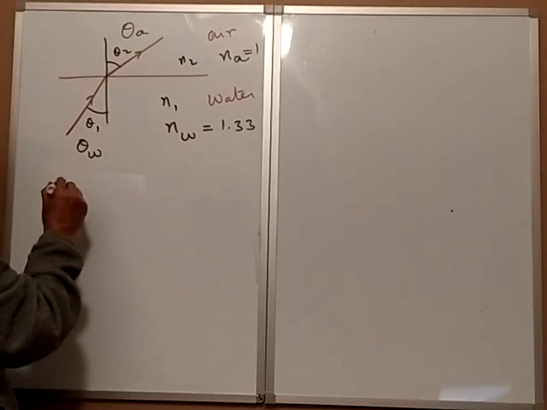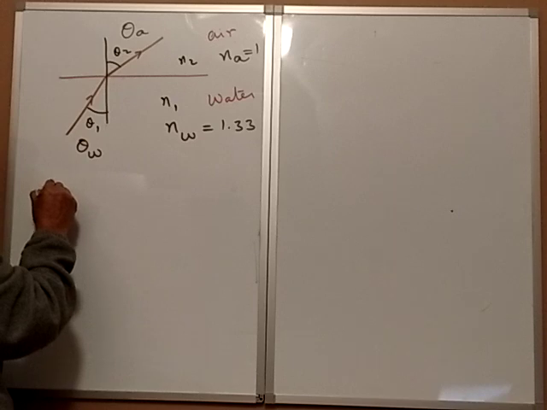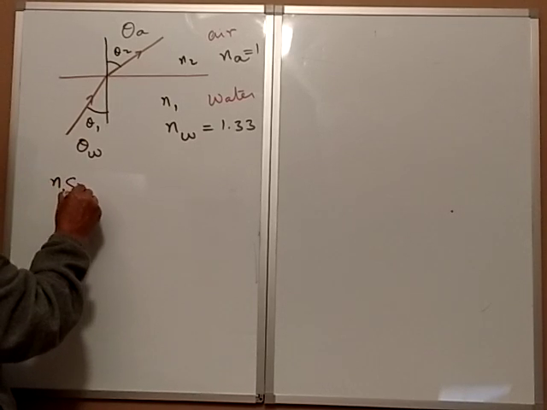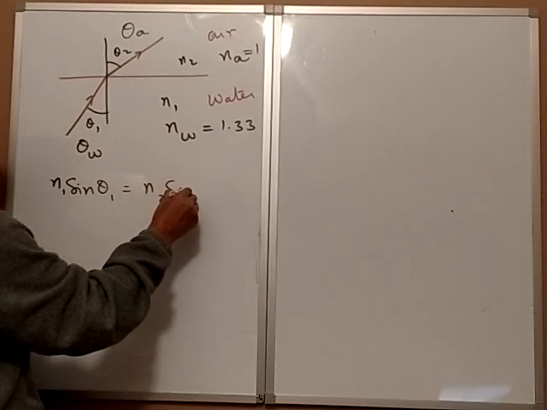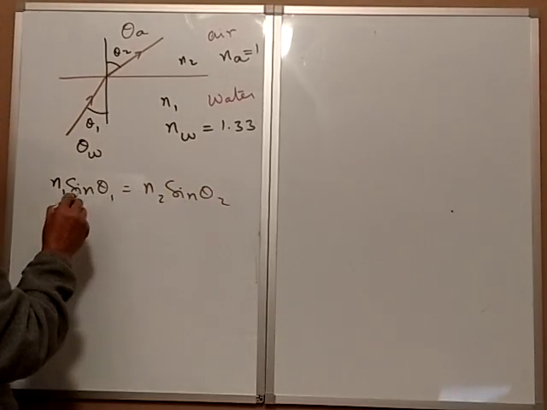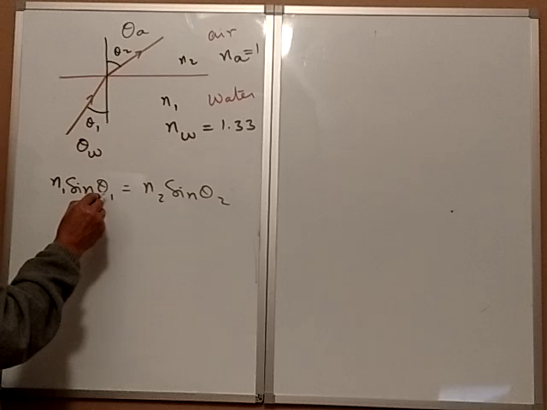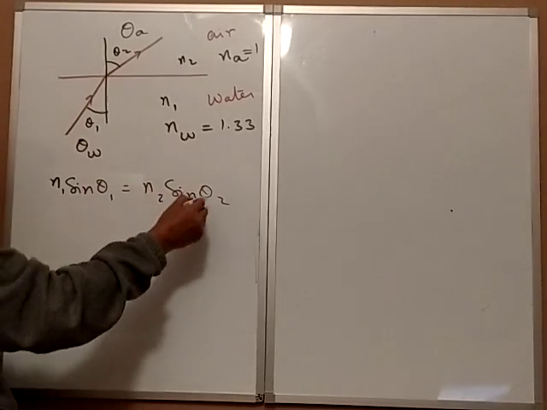So let's write down our Snell's law. What is that? N1 sine theta 1 is equal to N2 sine theta 2. That is the one coming from water. This is in air.